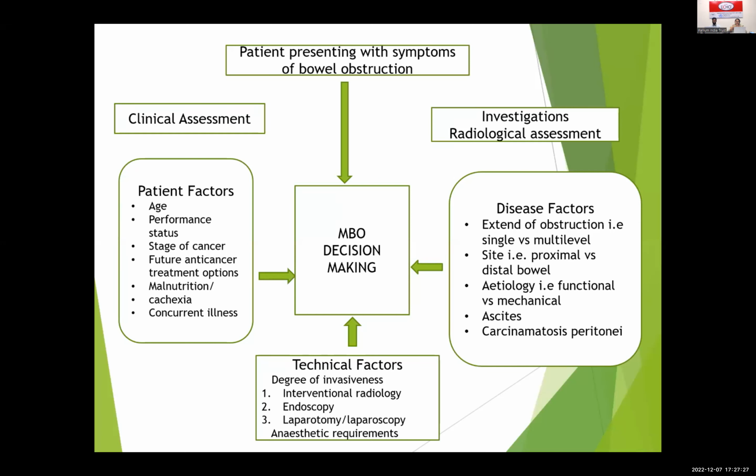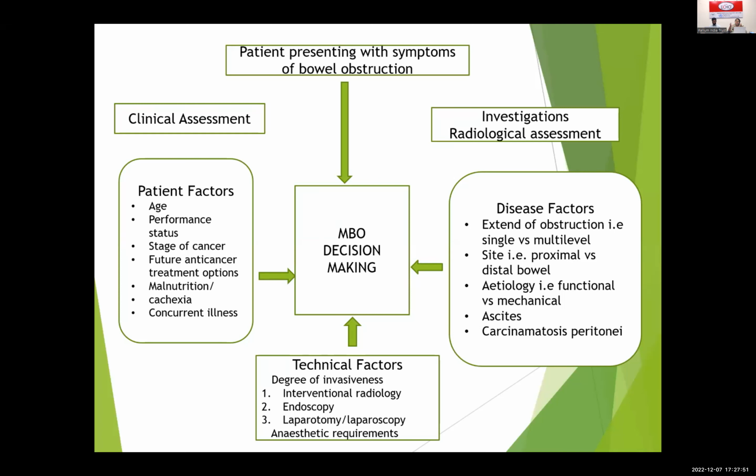And the disease factors, the extent of obstruction. Is it a single level obstruction or a multiple level obstruction? So how far can you resect? If it is a single level, okay, maybe you can resect. If the patient is okay, his performance status is okay, you can go ahead with the surgery. If there is multiple level of obstruction, there is no point in doing resection, isn't it?